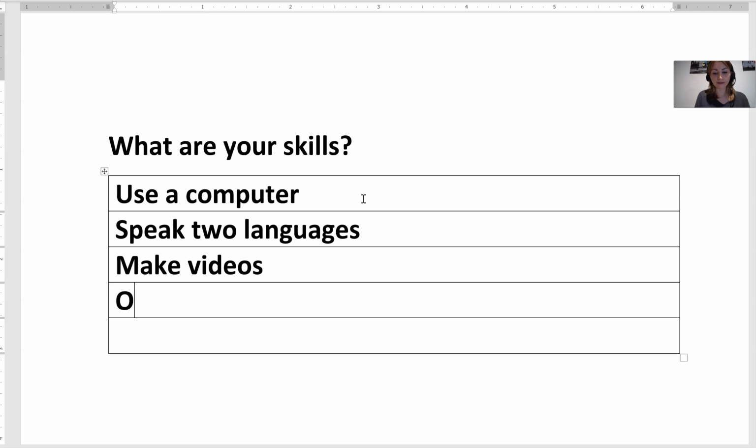I can organize events sometimes. And what more? I can bake a cake. So this is like cooking, but this is in the oven, bake a cake. So I have some different skills here. Okay, make sure you write your skills too.